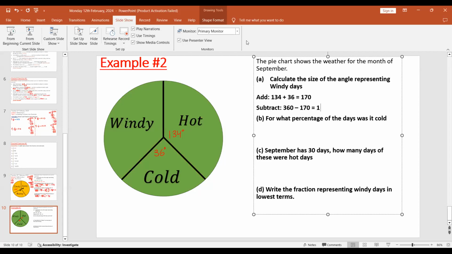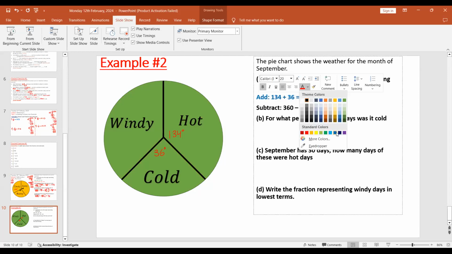Very good, 190. So the first thing we do for this one is we have to add the degrees that we get, 36 and 134, and then we're going to subtract it from 360.